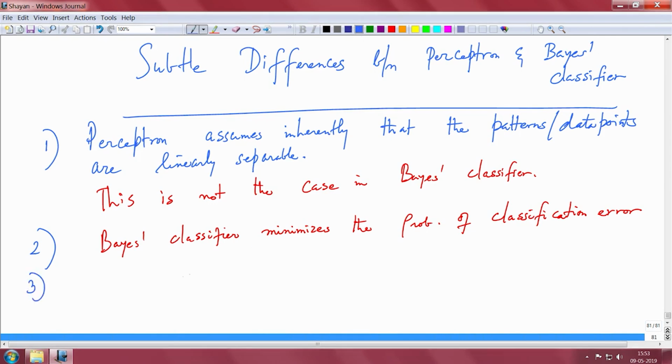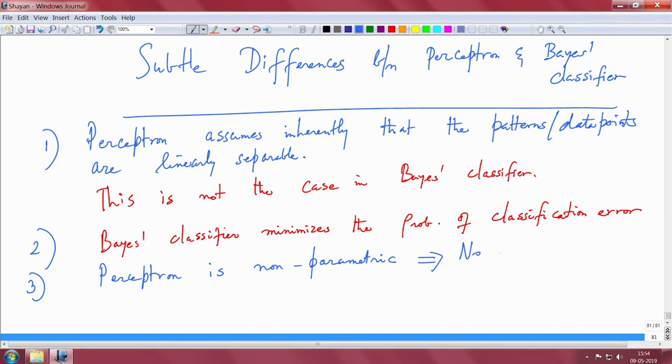Point number 3, the perceptron is non-parametric. This is very important. You do not assume anything about the distribution of the points, etc. And that is kind of the assumption throughout the neural networks course, that this is a non-parametric form, right.